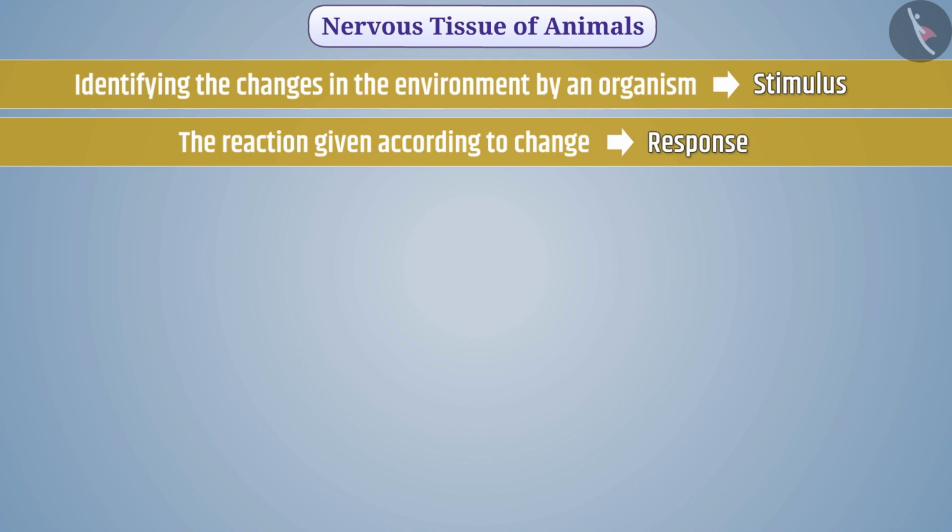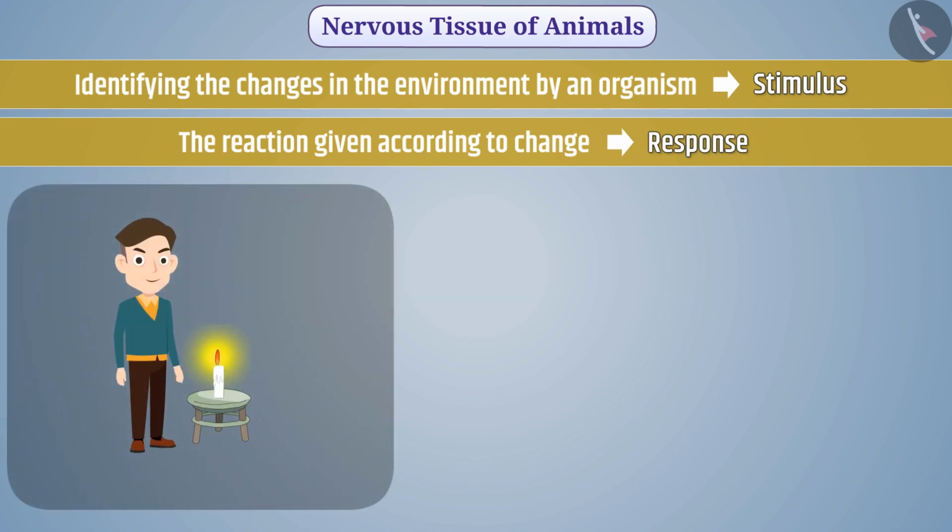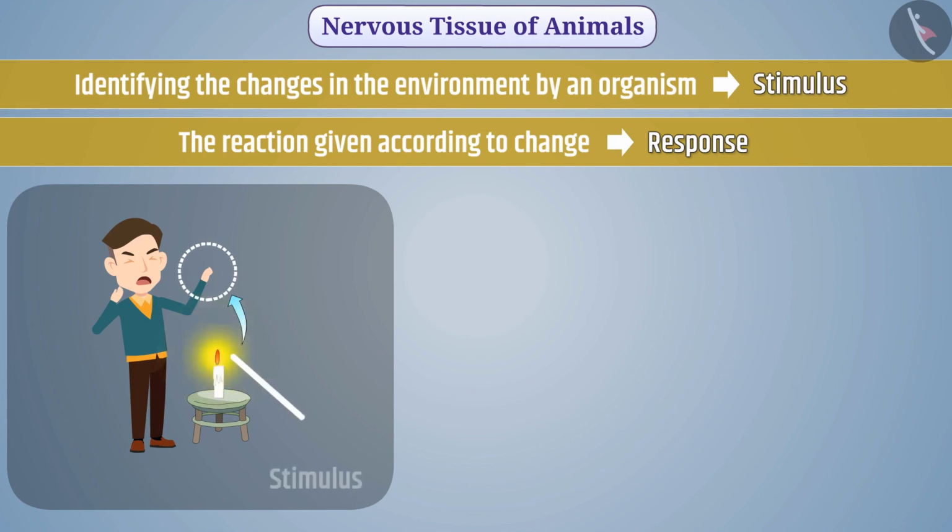For example, if we inadvertently touch a hot object, the touched part of the body is immediately taken back. Here, the hot nature of the object is the stimulus, and taking back the part of the body is the response.